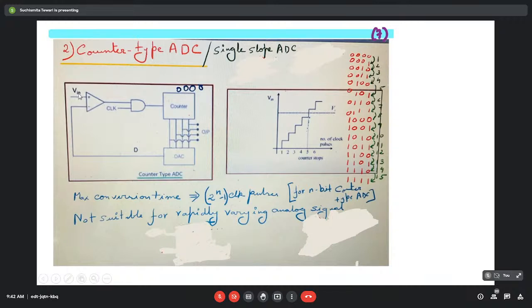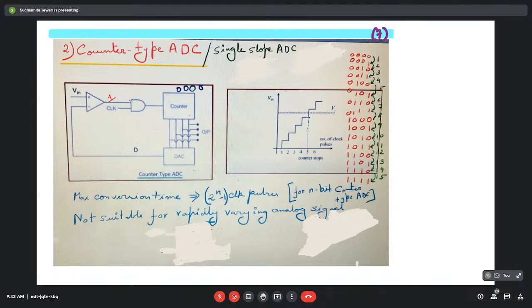If Vin is less than this analog voltage over here, the output would be 0. But if it is greater than this value, the output will be 1. Suppose it is greater. So here we are getting 1.